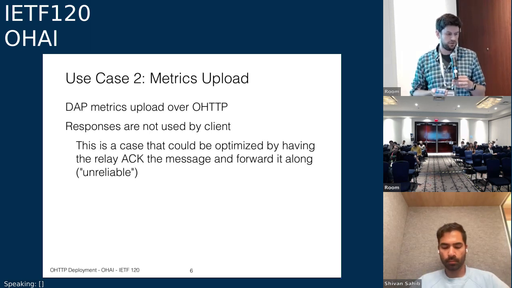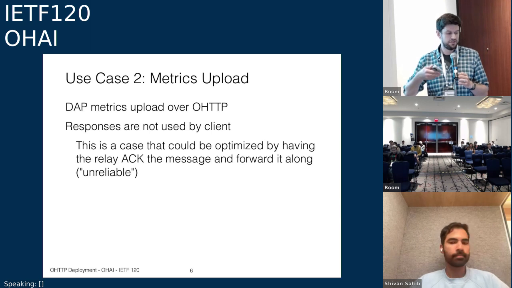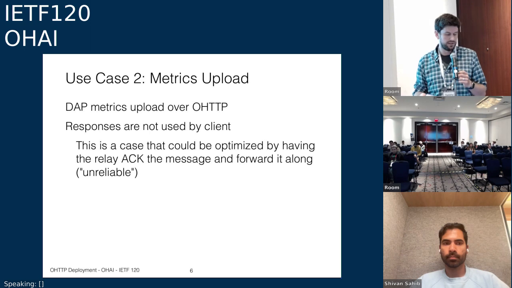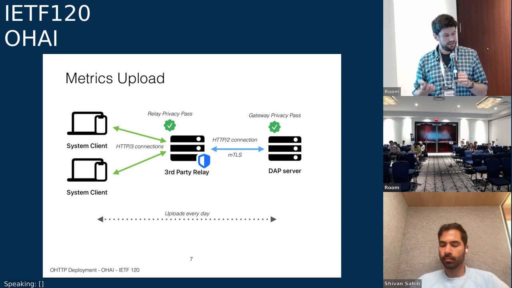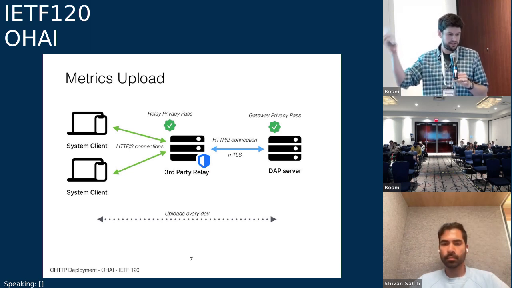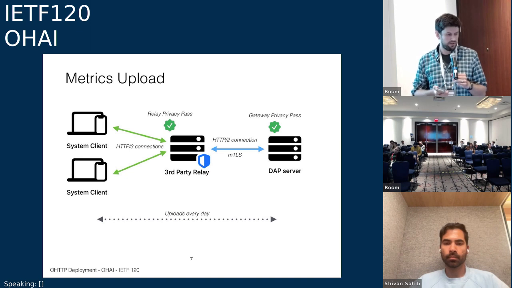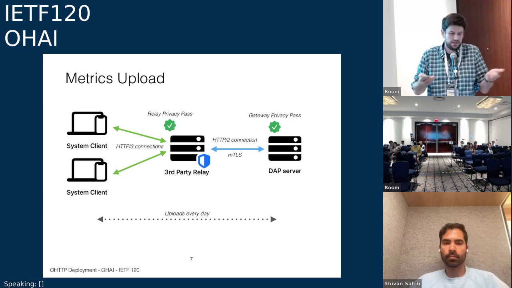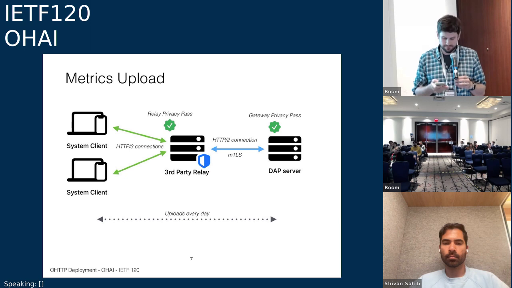The responses are not used in any way, and so this is a case that could be optimized by allowing the client to just hand the message off to the relay and then not care if it actually got all the way to the gateway or was accepted. They just want to shove the metrics up. In this case, there actually are two sets of privacy passes going on here, but otherwise it's a very similar setup, and it's on the order of a day or a couple times a day that this is happening.